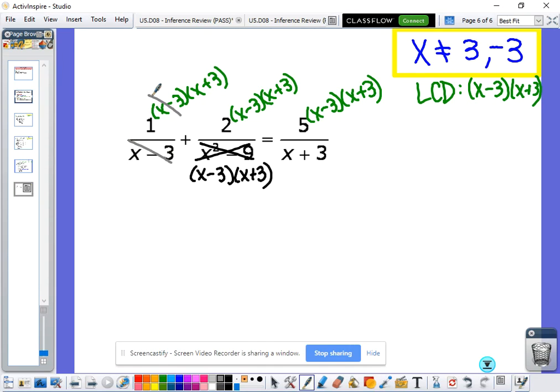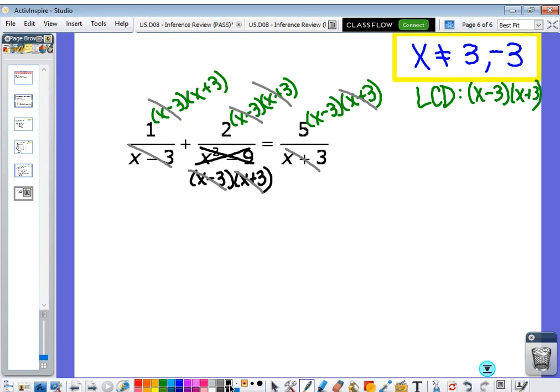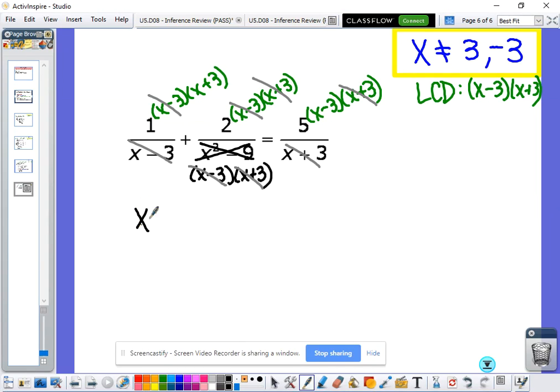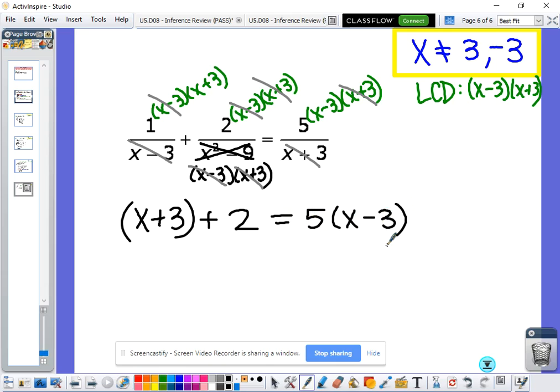The x minus 3's cancel out, the x minus 3's and the x plus 3's. Last but not least, the x plus 3's. What we're left with over on the left side of the equation is just x plus 3, that one binomial, plus just 2. And we'll say that that is equal to 5 multiplied by x minus 3.